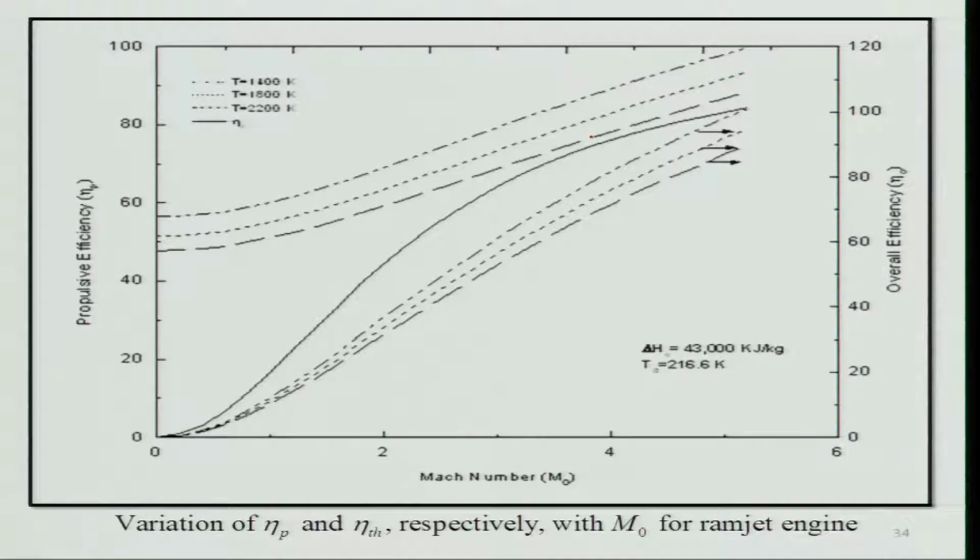The thermal efficiency does not depend on the increase in temperature, but it does depend on the Mach number because it goes on increasing with the flight Mach number. And the overall efficiency, the multiplication of the two, increases with the flight Mach number, right? This is what we have learned.